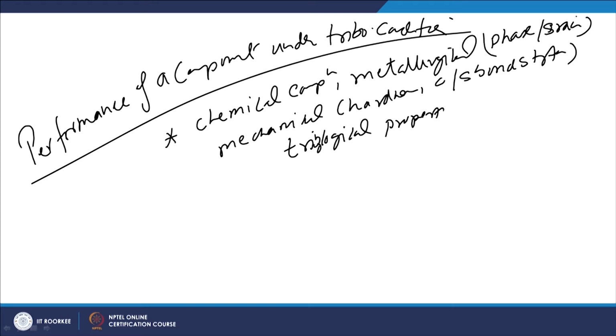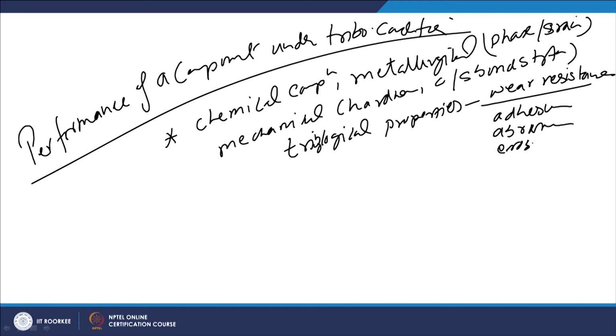So the tribological properties of the material, which we measure in terms of, say, wear resistance or the wear rate under adhesive wear conditions, abrasive wear conditions, erosive wear conditions, or corrosion, as per the need of the given application. So the performance of a component under tribological conditions, whether it is modified or not, or before modification, will be influenced by these characteristics.